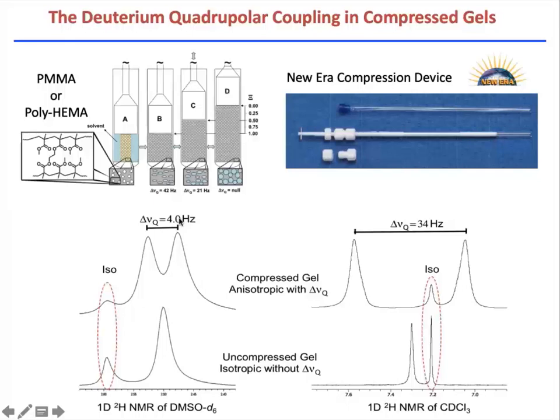Here you have the relaxed deuterium spectrum of PMSO. Here is compressed, 4 Hertz, and here is a PMMA in chloroform. So here is the isotropic solvent, as I said, outside. And then here is the split in 34, but we have gels that can go up to 50 Hertz.